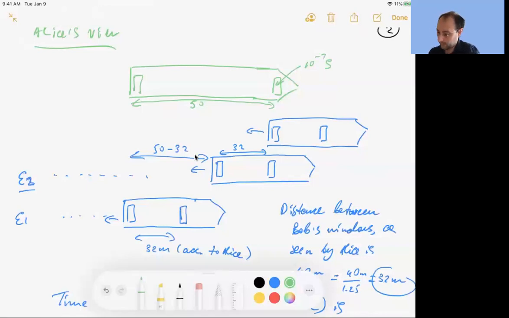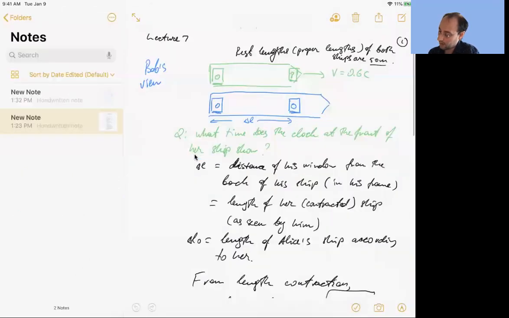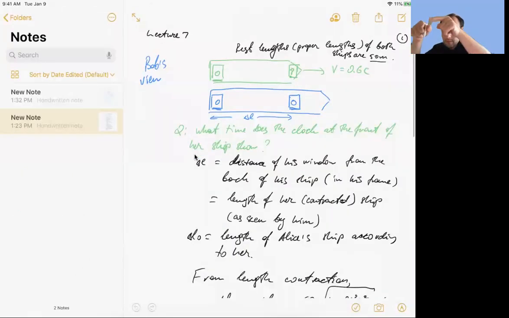So the answer to the question is that when Bob peeks into her front window, at the moment when the front of her ship is aligned with his other window, he will read minus 0.1 microsecond.